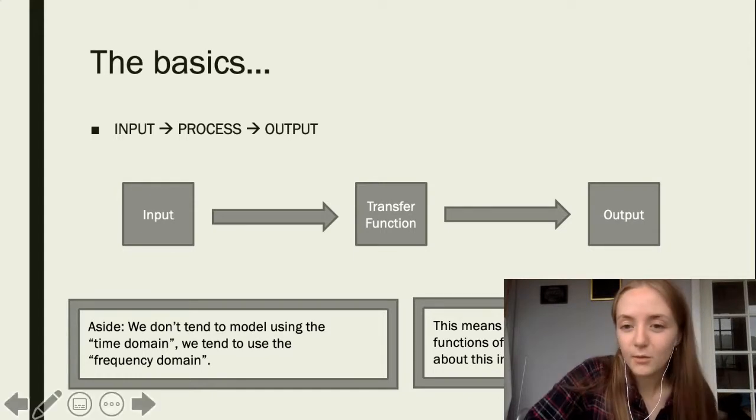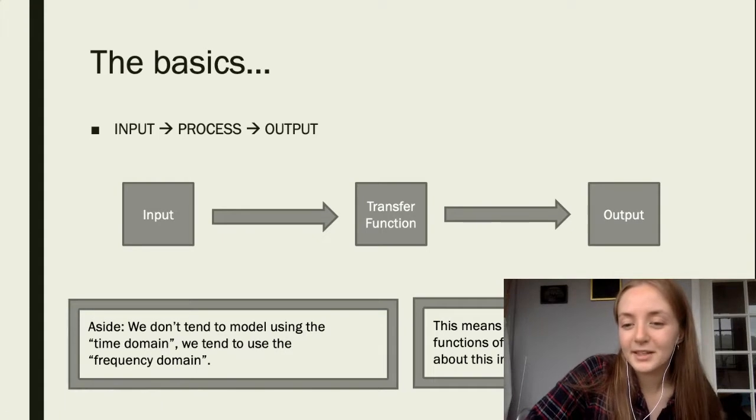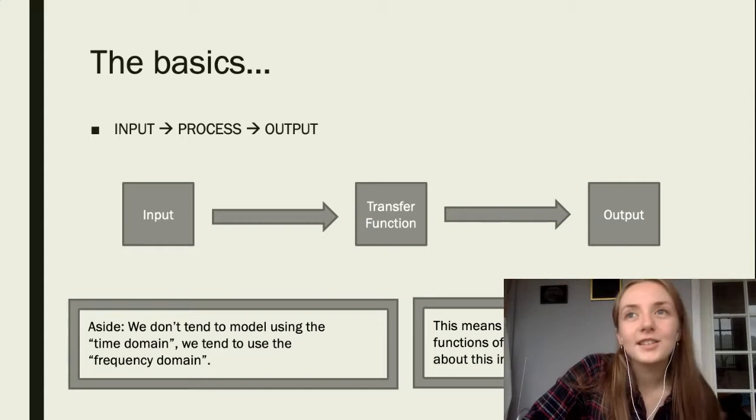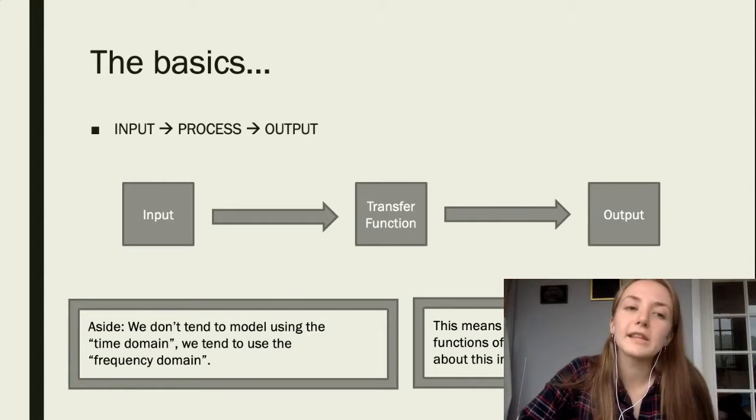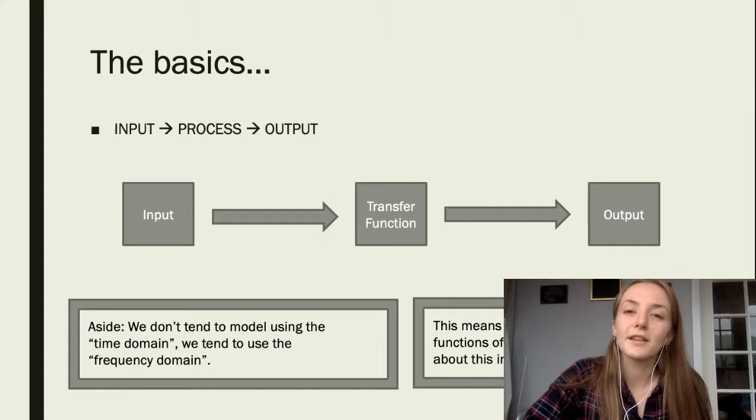You will use it all of the time. But essentially, I won't get into any of the maths of it, but essentially it converts your process from time to frequency. And the reason we do this is because it just simplifies a lot of things down the line.